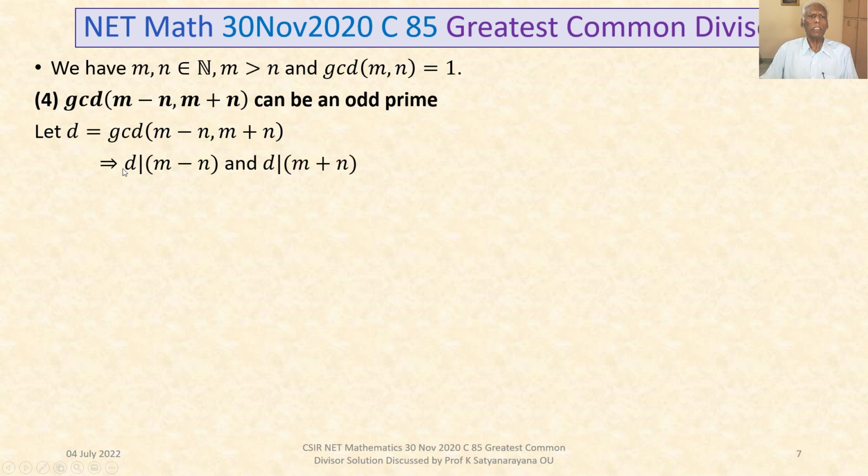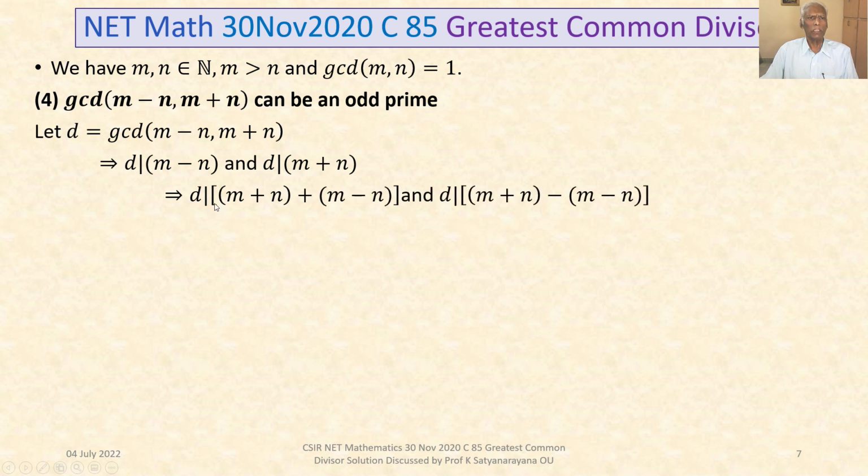So this means D divides m minus n and D divides m plus n. This implies D divides their sum, m plus n plus m minus n, and D divides their difference, m plus n minus m minus n. This implies D divides 2m and D divides 2n. And this implies D divides 2. Why?